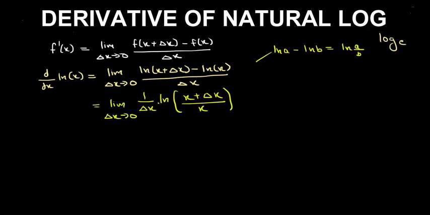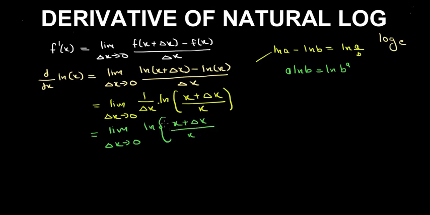Why I am doing this is because I also know that a ln b is equal to ln b raised to the power a. So the limit as delta x approaches 0 of ln, I will use this bracket, x plus delta x divided by x, raised to the power 1 by delta x.